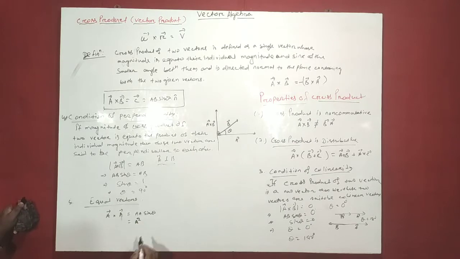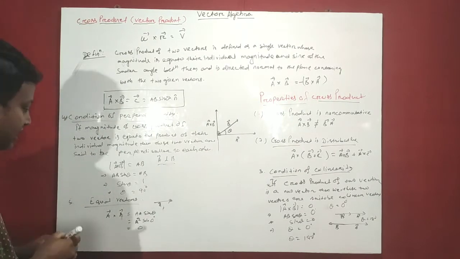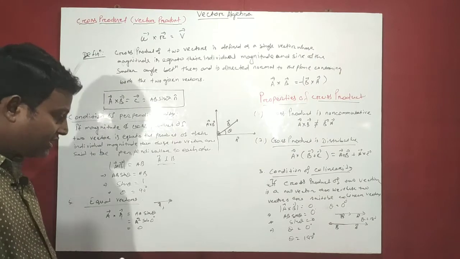But the angle between A and A is equal to 0. Theta is equal to 0. Then A square sin 0 degree is also 0.